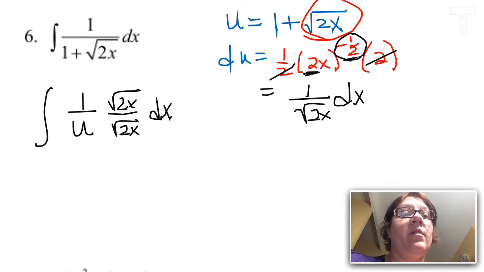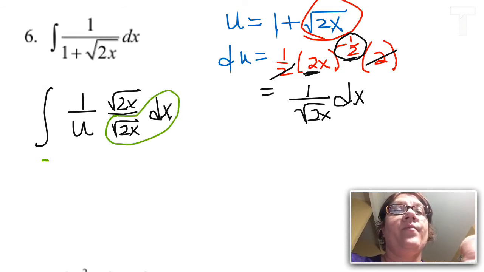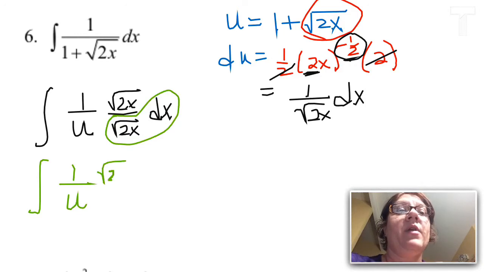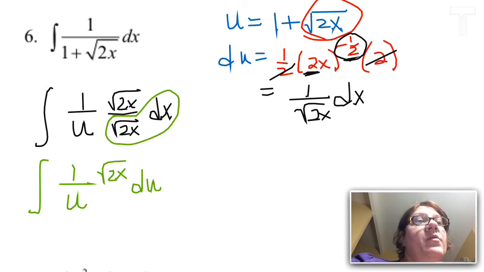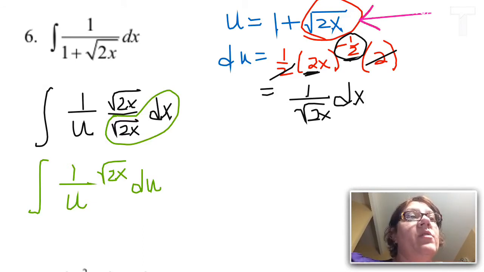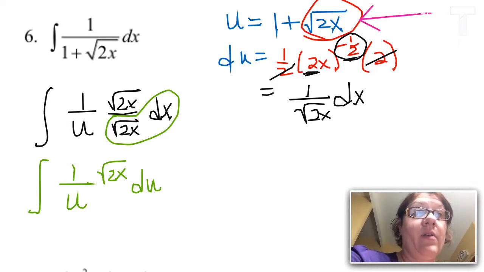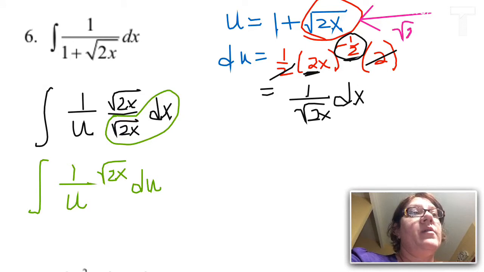And now all of this will turn into du, but I still have that square root of 2x, and I'm not allowed to integrate until all the variables match. So I have to figure out, well, how can I substitute in for square root of 2x? And if I go back and look at my original, I go, oh, I could get square root of 2x by itself. If I got square root of 2x by itself, I would have u minus 1.